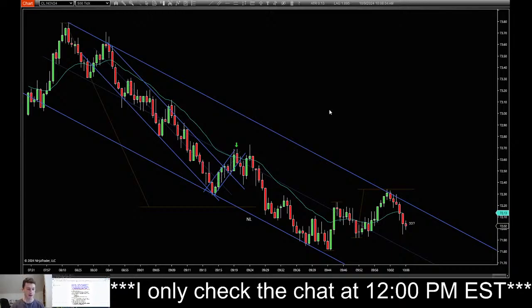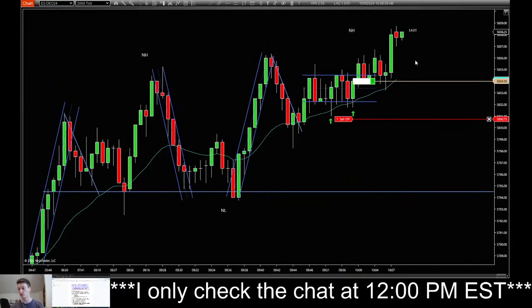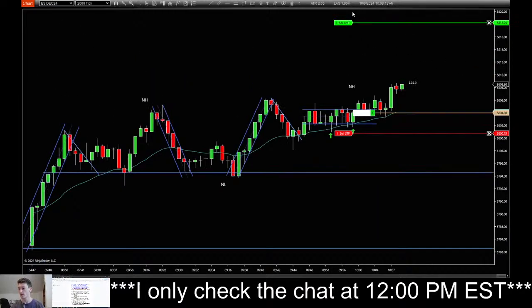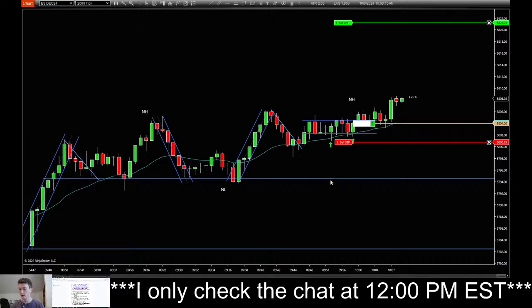Only take good PATS signal bars. Only take trades touching the EMA with longs above and shorts below, unless you're coming off a proven trend or horizontal support resistance level. It looks like we did get out here.